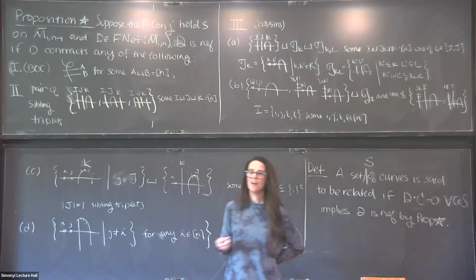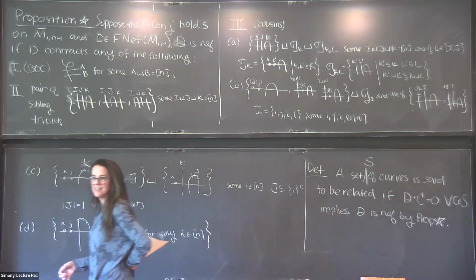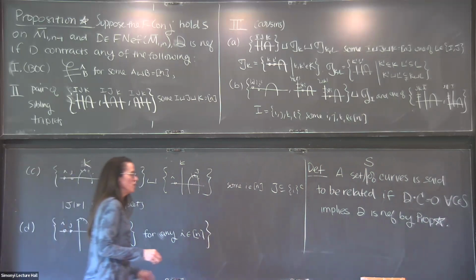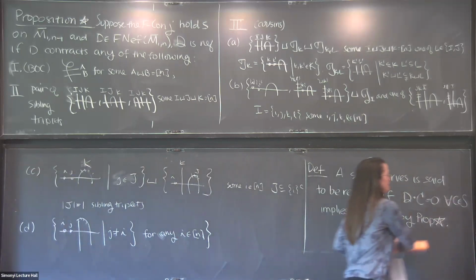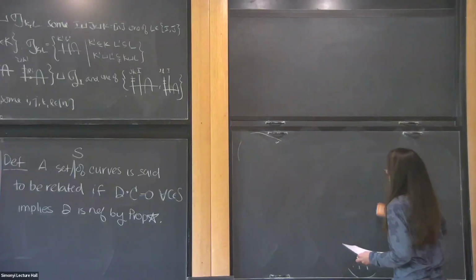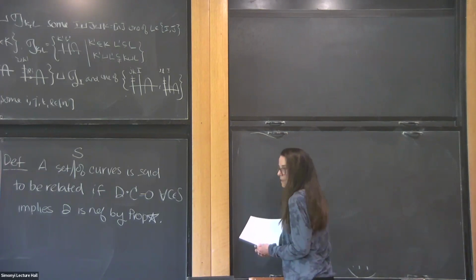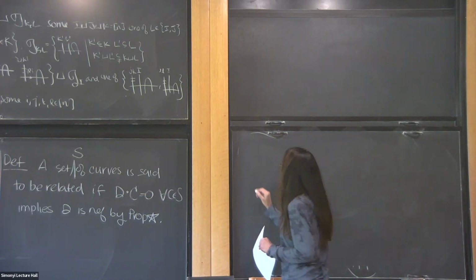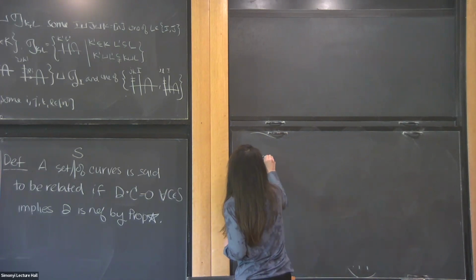That's why I was calling them sibling triplets and cousins. All of those curves are related, because if D contracts those curves, then D is nef. I'm doing that for the convenience of the following result. I call it a theorem, but it's really an observation. And here is the reduction.